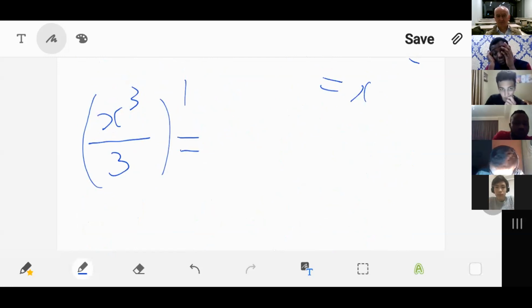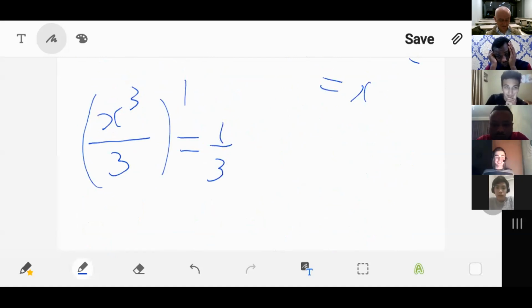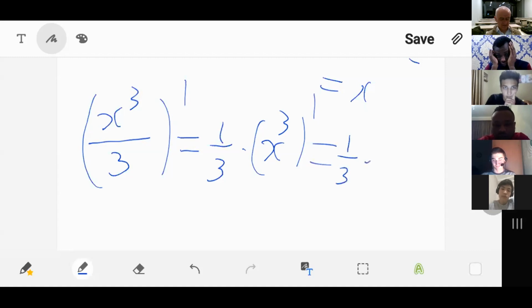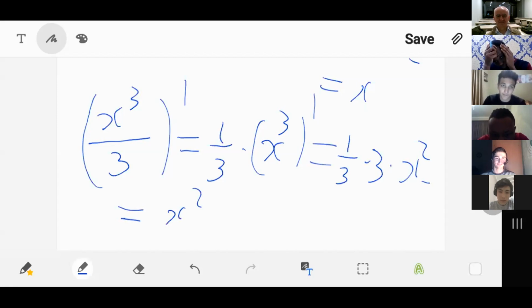We will follow the same way. Let's move out 1 over 3. And we have the x cube derivative. It's going to be 1 over 3 times 3 multiplied by x squared. So it's x squared.